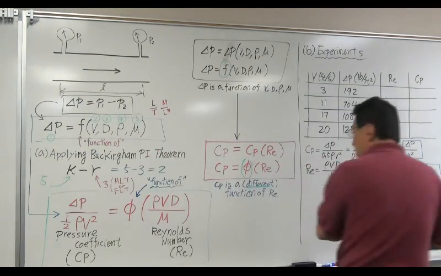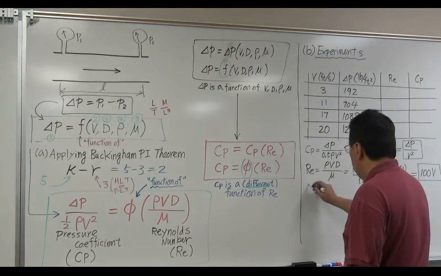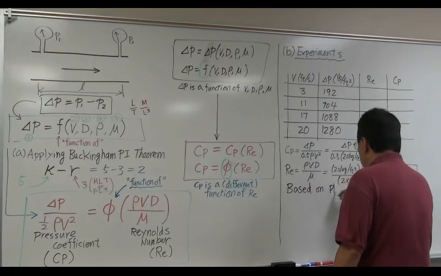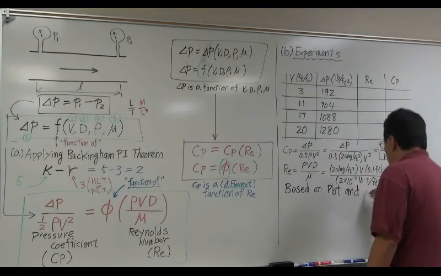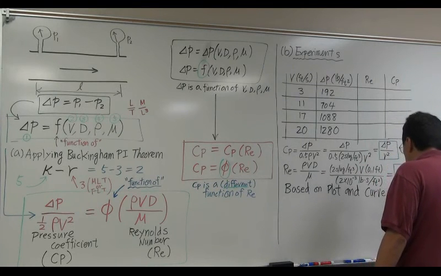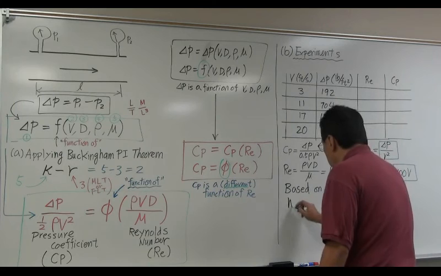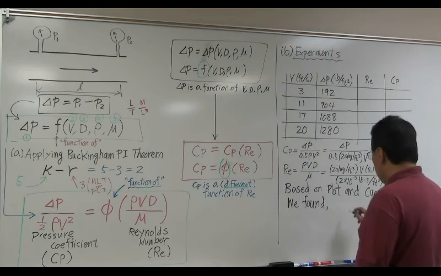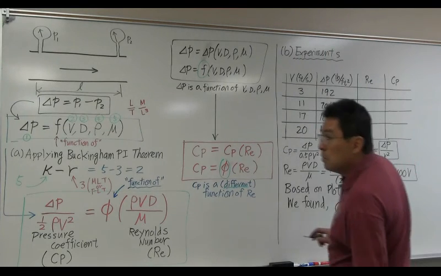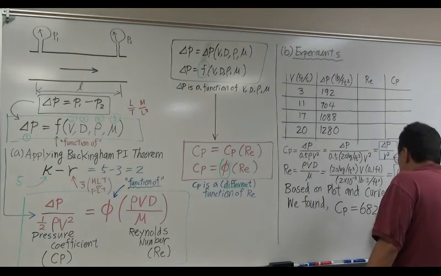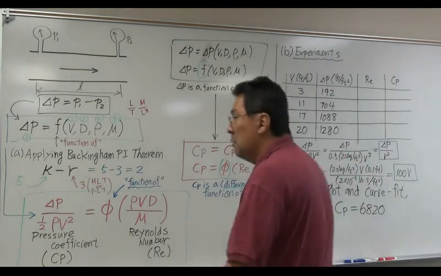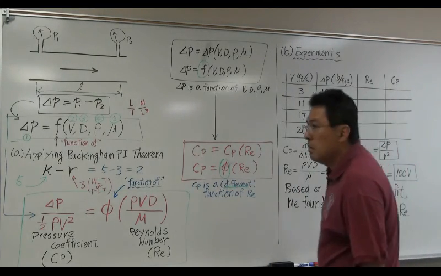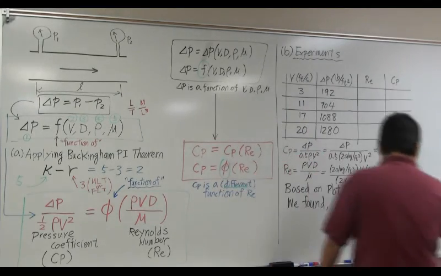Let me just write it down here. We found it. Based on plot and curve fit, we found CP is equal to 6820.7 times Reynolds number to the power of minus 1.009.